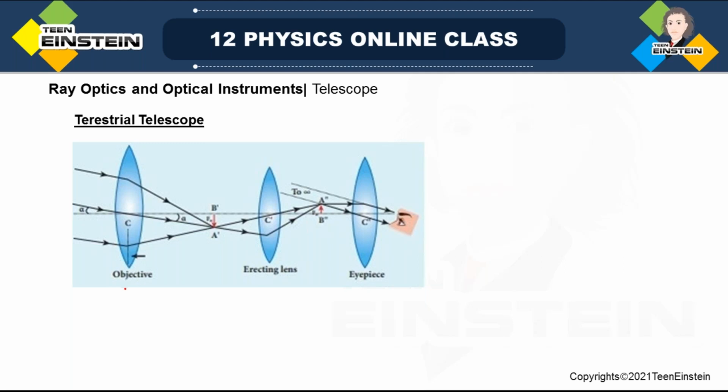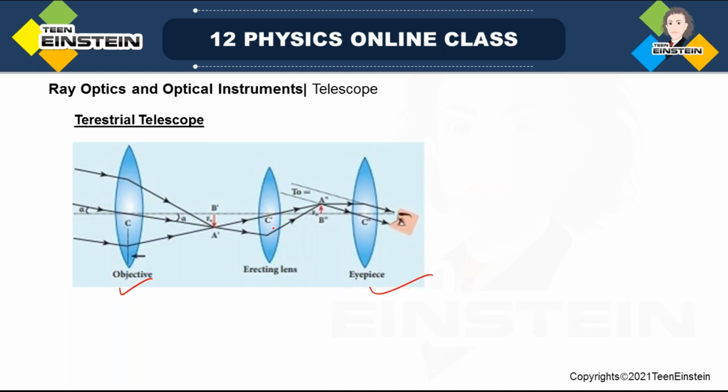So here we use three lenses instead of two. One acts as the objective, which faces the far objects, and another acts as the eyepiece, which is near our eye.